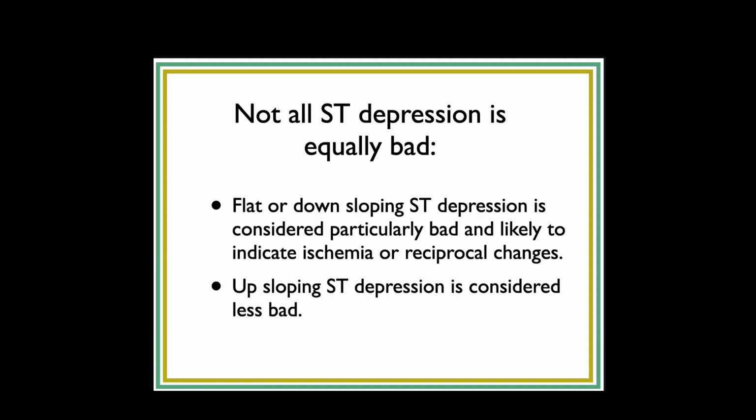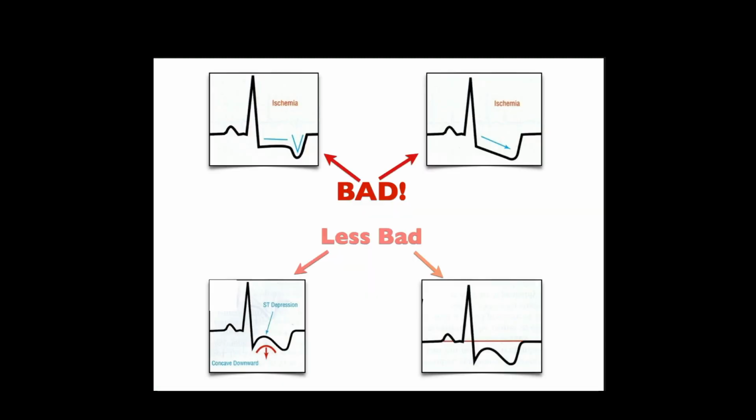So, we know what ST depression is, but what we haven't talked about is the shape of ST depression. And generally speaking, and I say that because there's always exceptions to this kind of observation, flat or down-sloping ST depression is worse than upsloping ST depression. Let's look at some pictures so we know what we're talking about here.